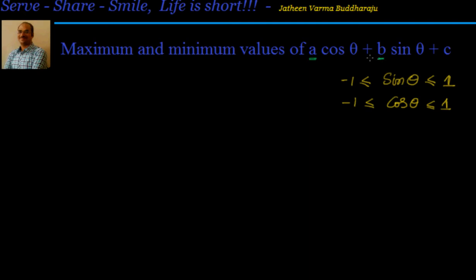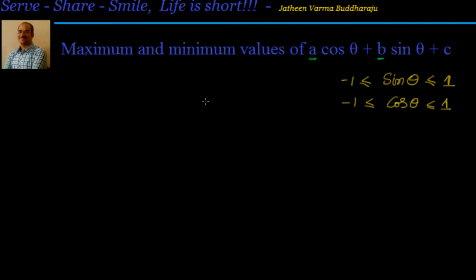If somehow I can convert the coefficients of a cos theta and b sin theta, that is a and b, into a trigonometric angle, or into a single sine or cosine expression, then it will be easy to find the maximum and minimum values by using the inequality which says that sin theta or cos theta value should be between -1 and 1. So let's start with that.